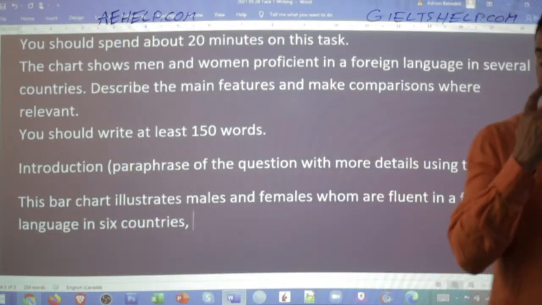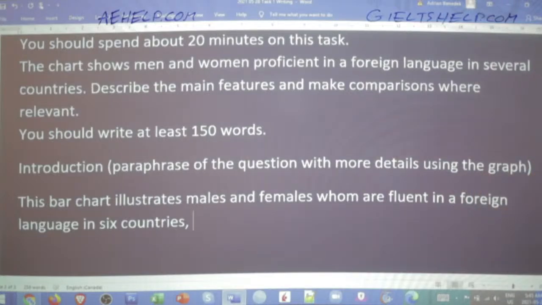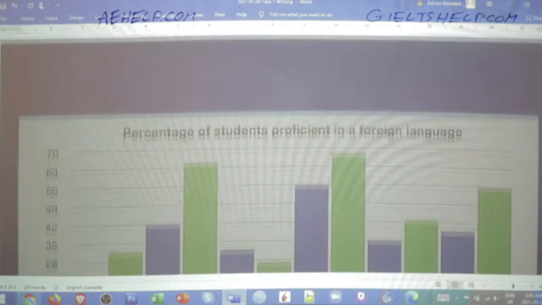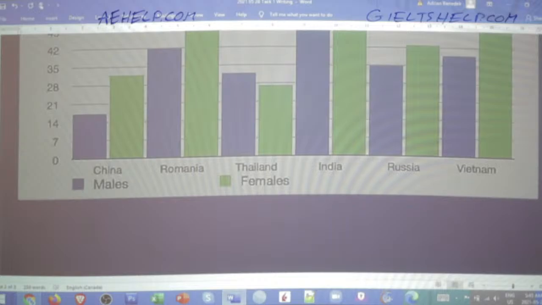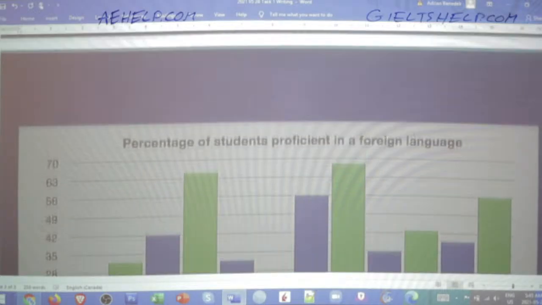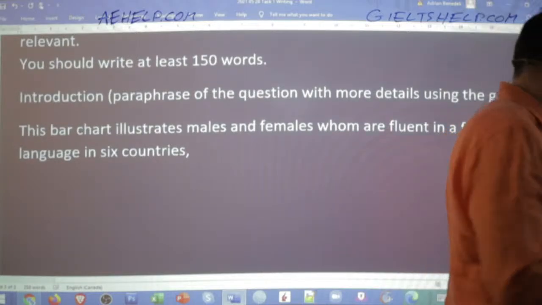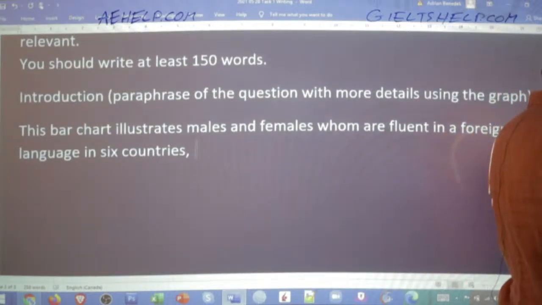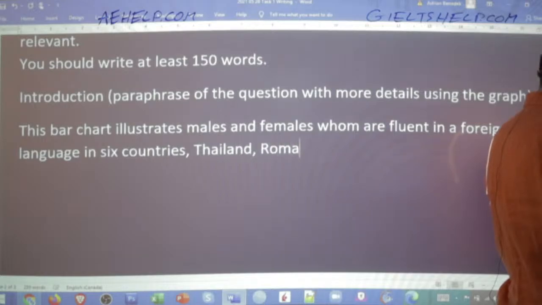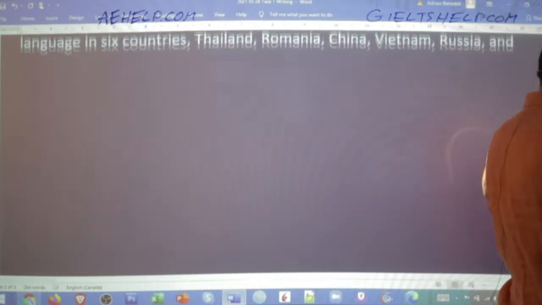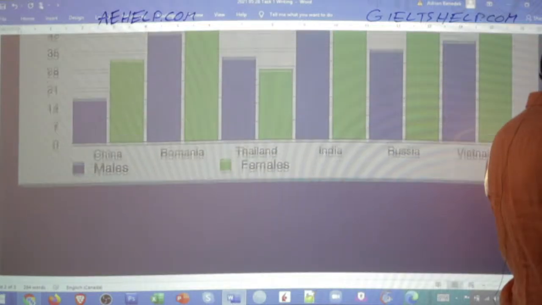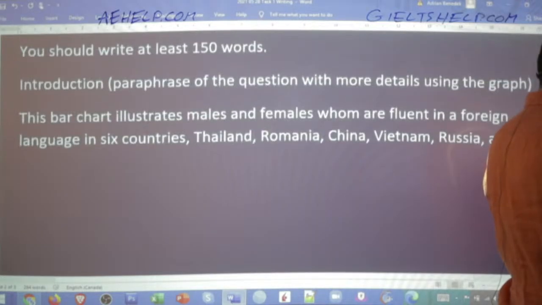And then I might go the distance. It's a fairly simple graph, relatively speaking, to even list these countries. So China, Romania, Thailand, Russia, Vietnam. So Thailand, Romania, China, Vietnam, Russia, and one that I forgot, India, of course.